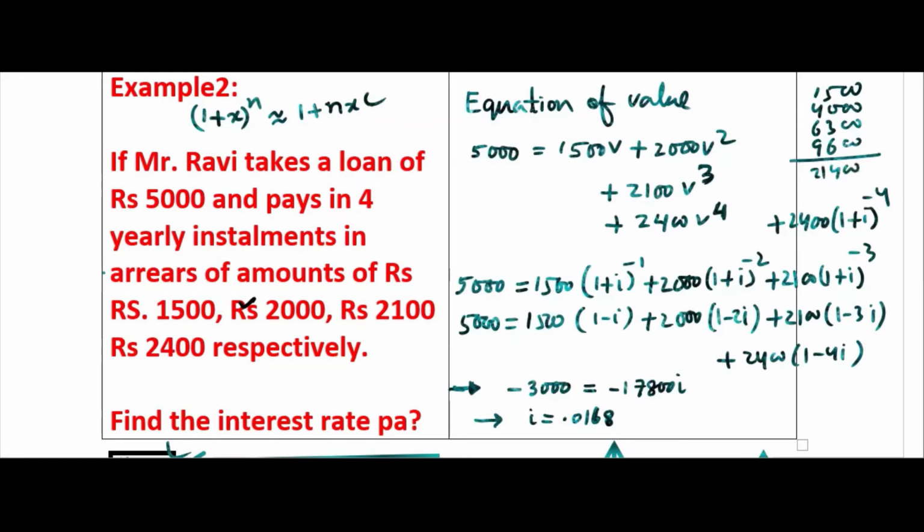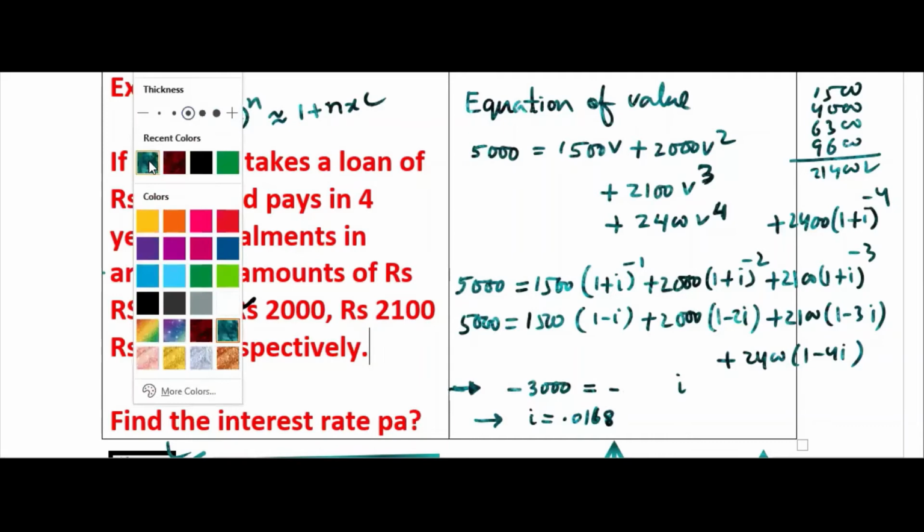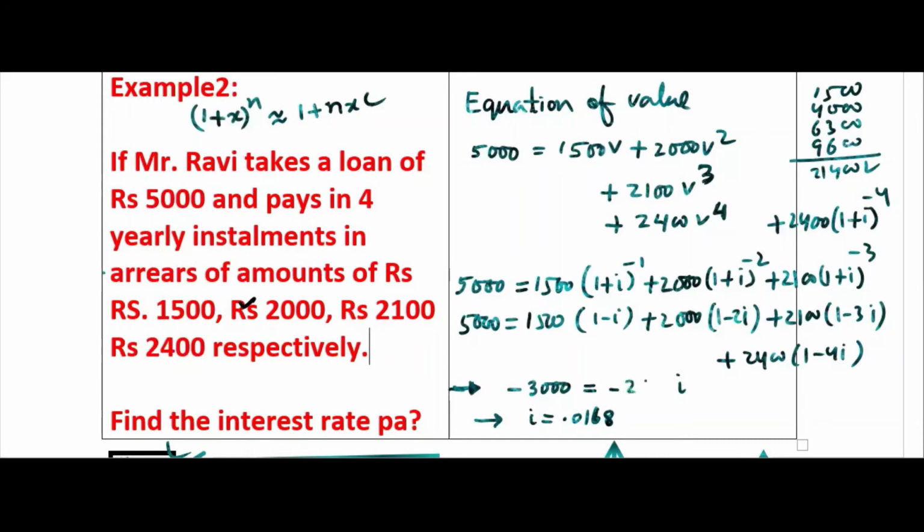See, this is correct or not? You tell me. 21400. Yes, sir. Okay. So 21400. If you don't agree, let me know.